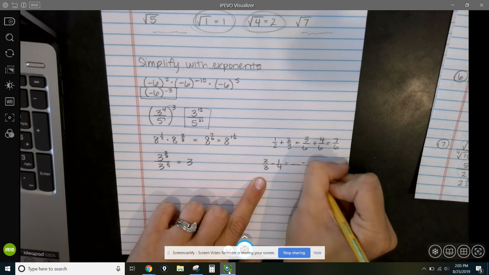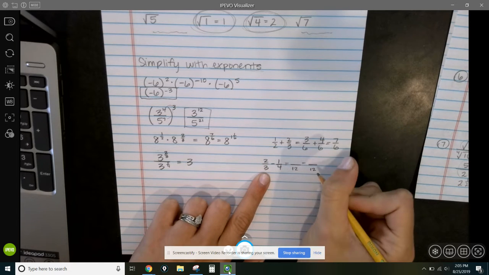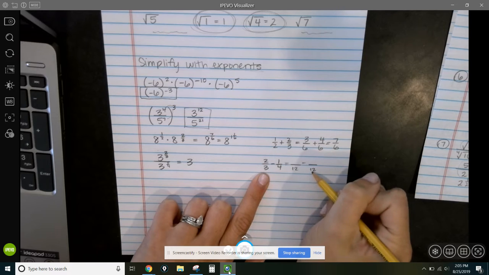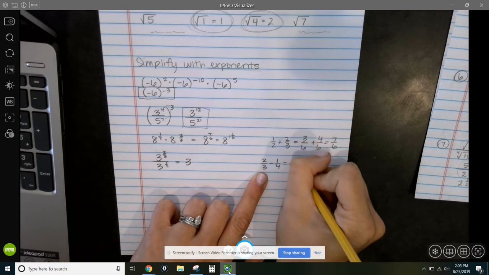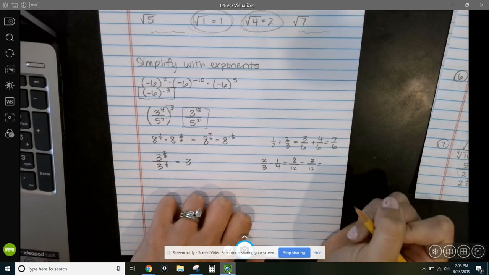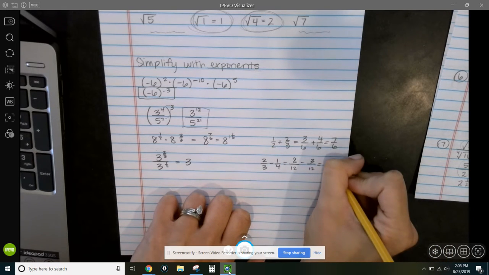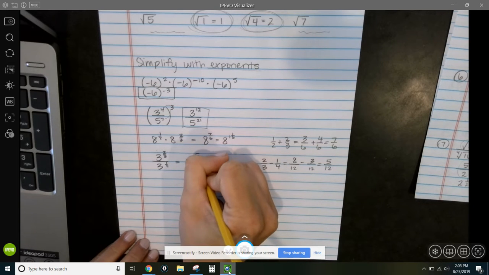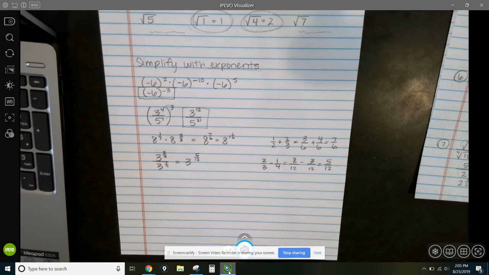I'll use the common denominator of 12 again. So 2/3. Oh, I used the common denominator of 6 up there. But here I'm going to use 12. This is the same as 8/12, and this is the same as 3/12. So 8/12 minus 3/12 is 5/12. So my answer is 3 to the 5/12 power.